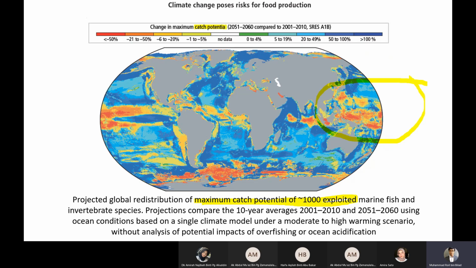This is from fishing. If you look here, from -6 to -50% of the catch on the fish. If this is the region of Southeast Asia, the impact is very strong.